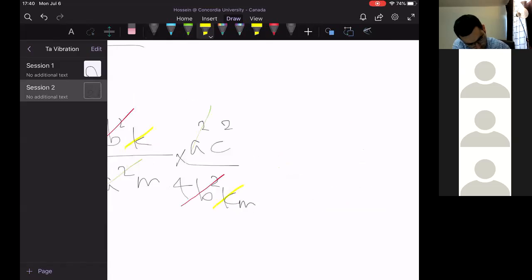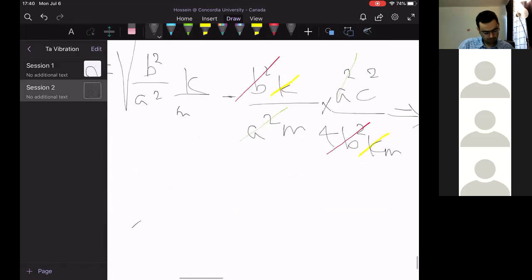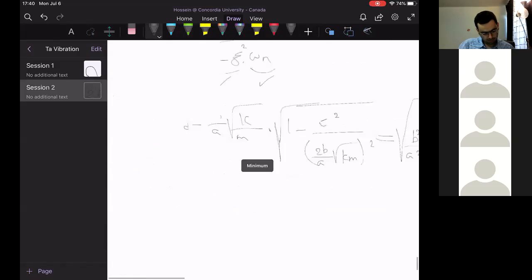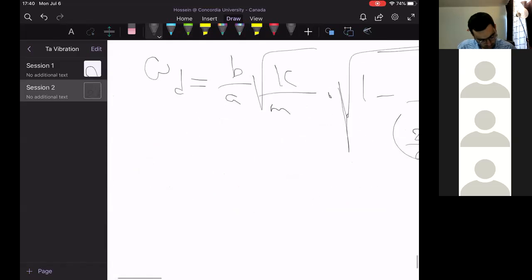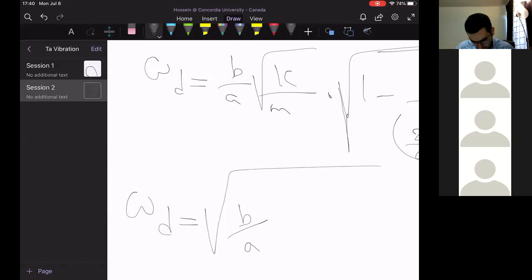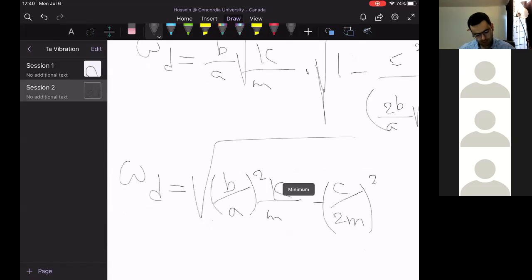You will have at the end omega d as b over a square root of k over m minus C over 2m squared. So we are done with this equation.